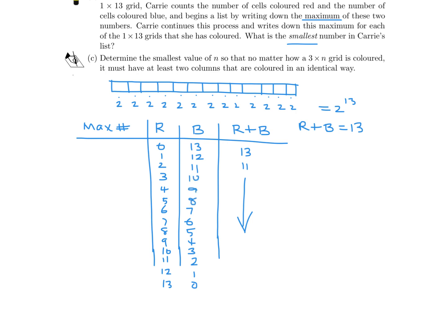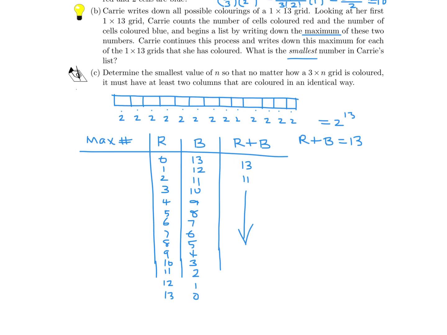Okay, so that completes the table. Now, the max, this guy is the max of these 2 numbers that I wrote. So that's 13. That's 12, 11, 10, 9, 8, 7, 7, 8, 9, 10, 11, 12, and 13.